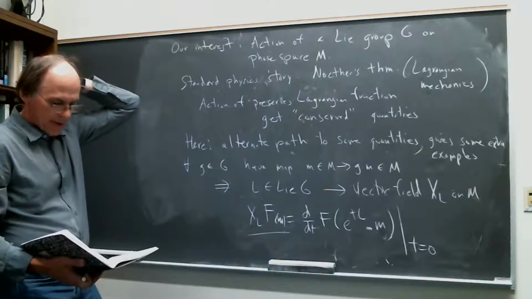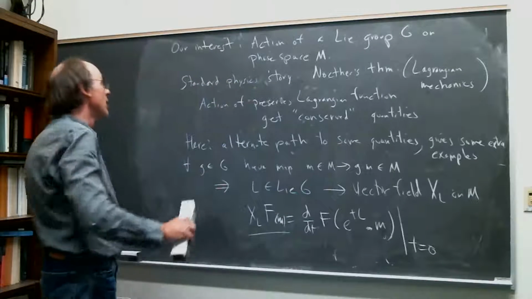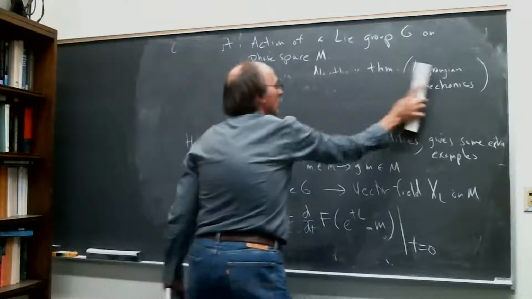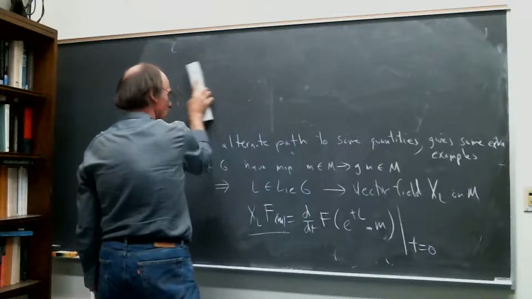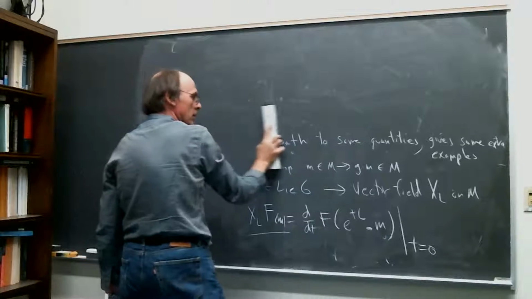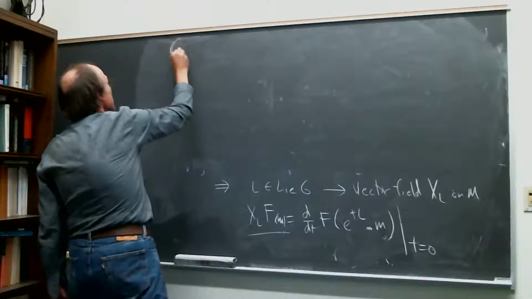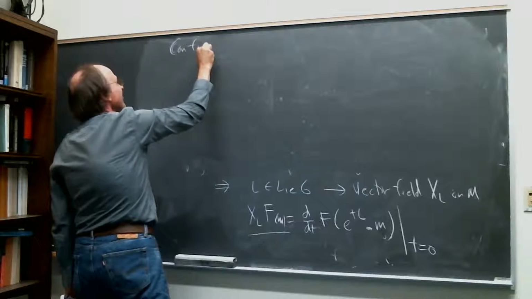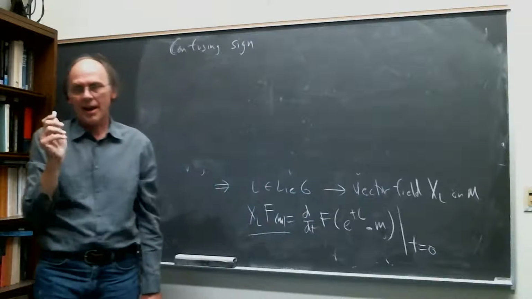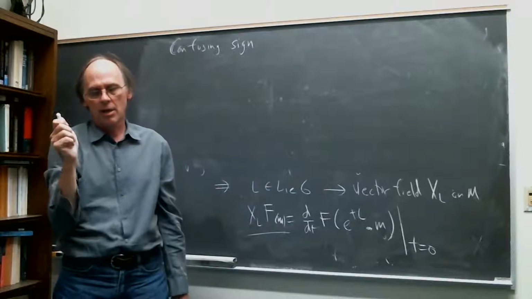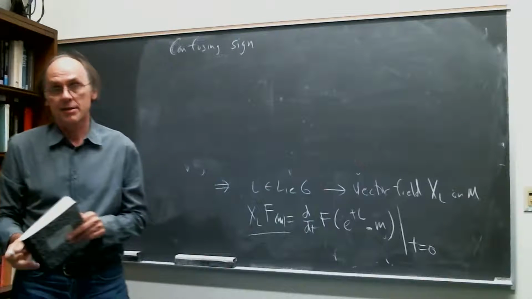Now, there's a confusing sign here. Let me just say a word about this confusing sign. Remember that I said your vector field came with a representation as a Lie algebra representation on functions.